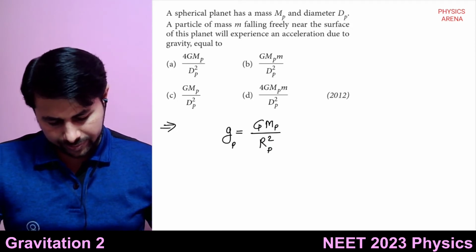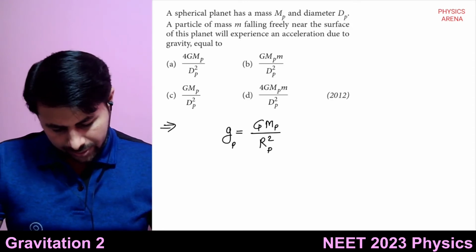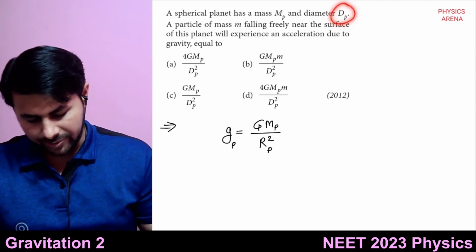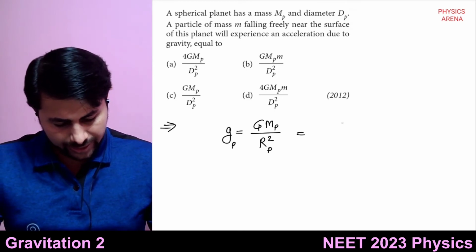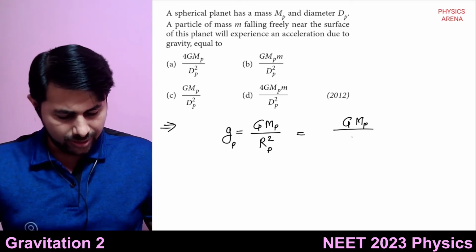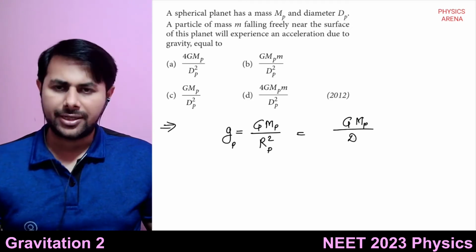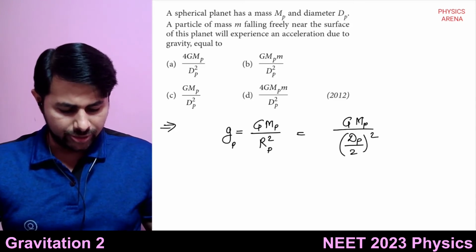Here diameter is given, and radius is diameter divided by 2. So we can substitute that. So we get G times Mp, mass of the planet, divided by radius, which is diameter upon 2, so (Dp by 2) square.